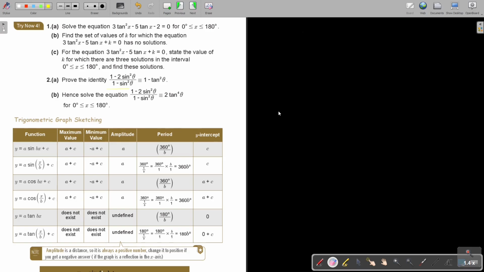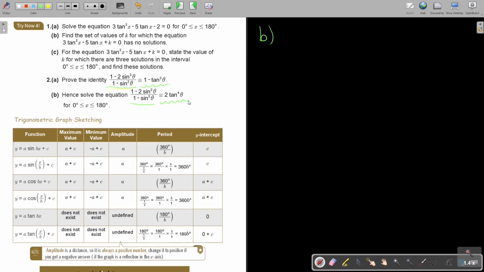Now I usually write it out very nice, but for now I'm just going to show you. So, solve the equation. If this is equal to this and this is equal to this, then you can start with the statement.